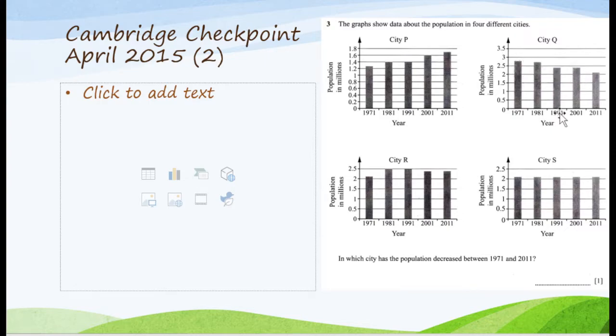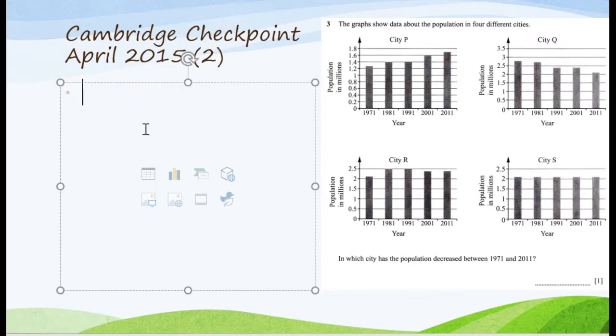Although 1991 and 2001, the population are the same in millions, the tendency is going down. Here it is going up and then going down. And then here it is stagnant. The population is always equal across the years.